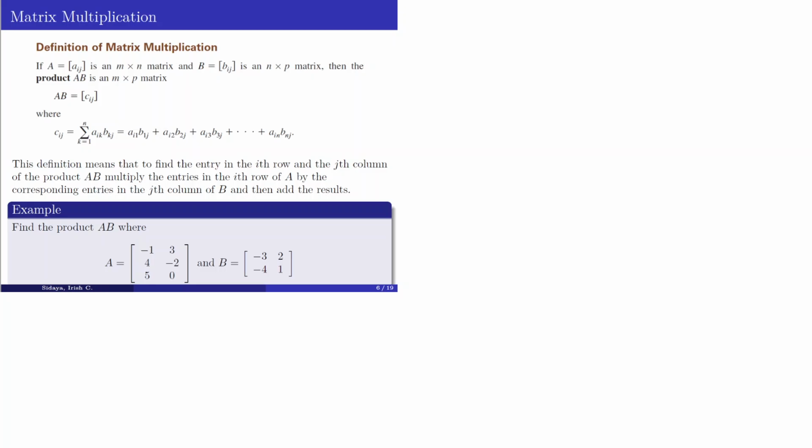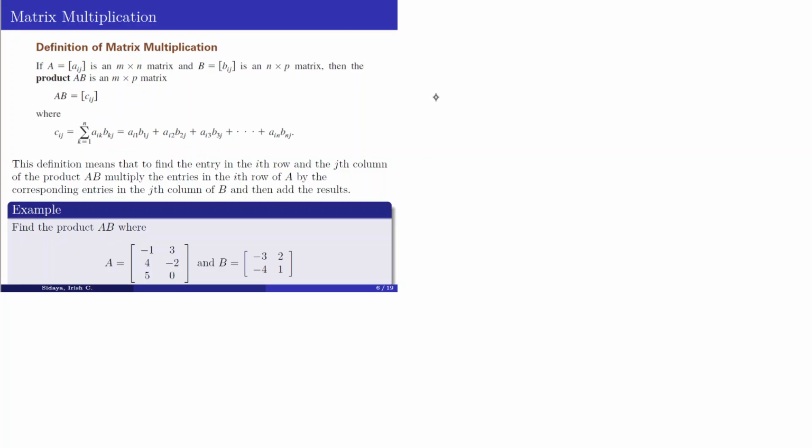Find the product AB given these matrices A and B. Before we proceed with solving this product, we first check if this product is defined by looking at their sizes. So since A is a 3 by 2 matrix and B is a 2 by 2 matrix, then we can multiply these two and their product must be of size 3 by 2.